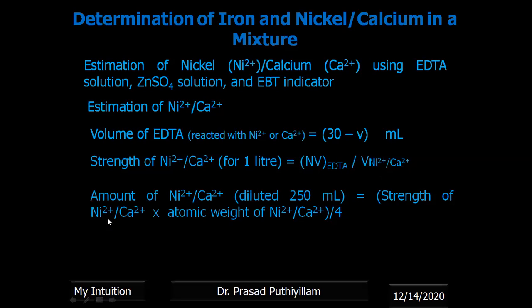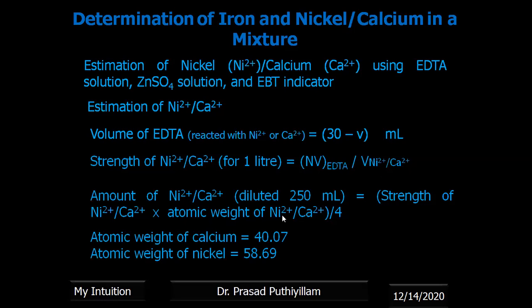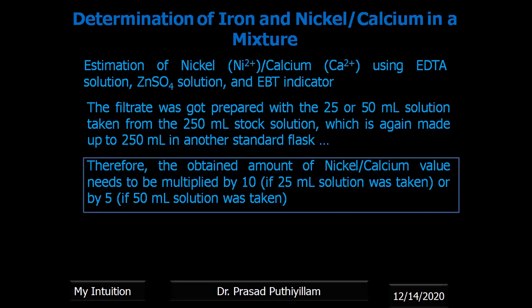Then the strength of the solution is multiplied by the atomic weight of nickel or calcium. Atomic weight of calcium is 40.07, and atomic weight of nickel is 58.69. In case of calcium, you substitute 40 here; if it is nickel, you substitute 58.69. Finally, as I explained initially, the obtained amount of nickel needs to be multiplied by 10 if 25 ml of solution was taken for the estimation of iron, the remaining filtrate being used.